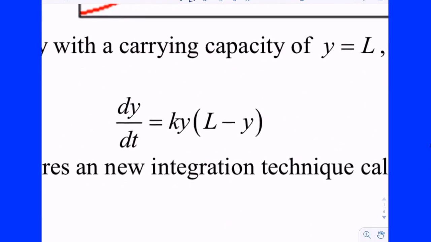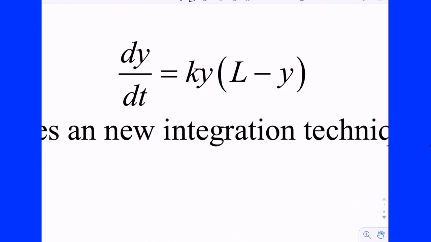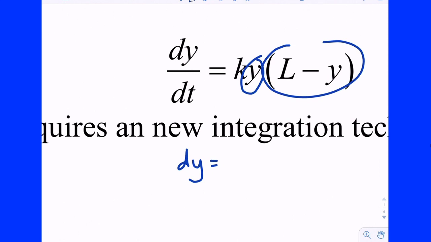Okay, so there you go. Here it is. Now, in order to solve this differential equation, let's go ahead and start and see how far we can get. If I wanted to solve that differential equation, I would have to separate the variables, right? Which means y's, dy's on one side, and t's, dt's, and constants possibly on the right side. Well, k is a constant. So if I separate the variables, I'm going to multiply both sides by dt. And I guess since I have a factor of y and a factor of L minus y, those are going to have to make it to the other side.